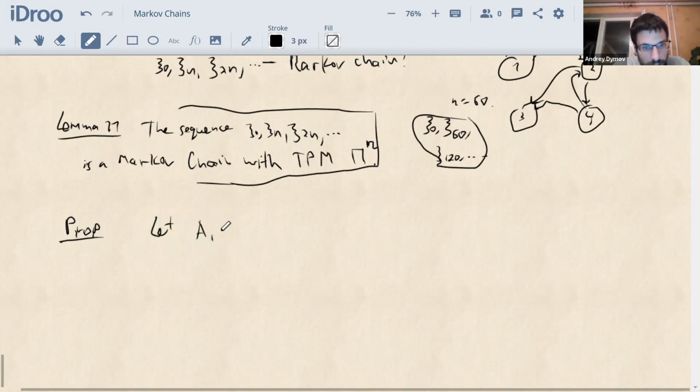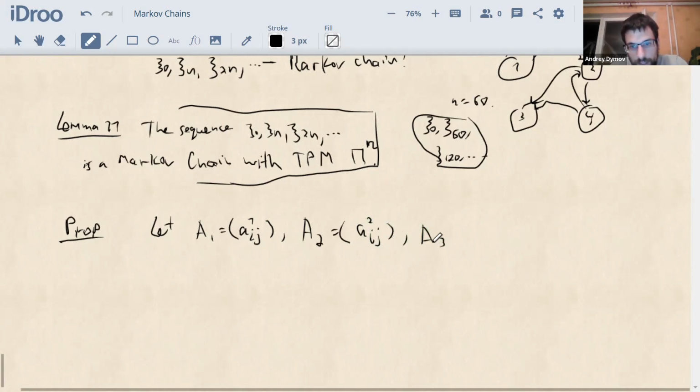Let A1 be a matrix with components A_ij with 1 above, A2 similarly be a matrix with components A_ij with 2 above, A3, etc., till An.